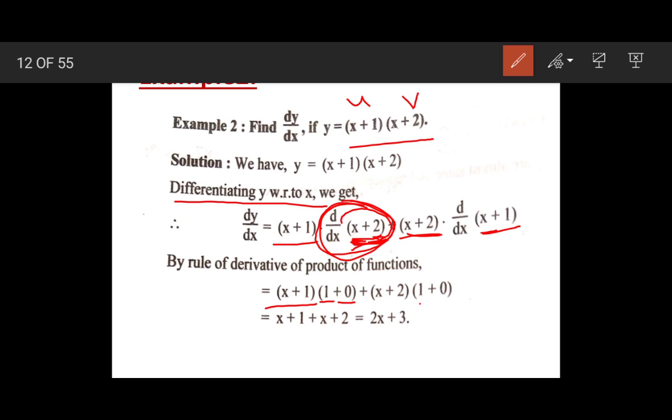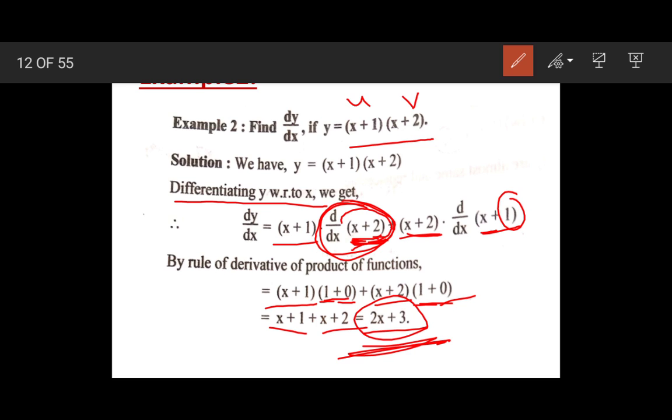Derivative of x is again 1, derivative of 1 is 0. So that is equal to x plus 1 into 1, so x plus 1, plus x plus 2 into 1, so x plus 2. So that is equal to 2x plus 3. So the answer is 2x plus 3.